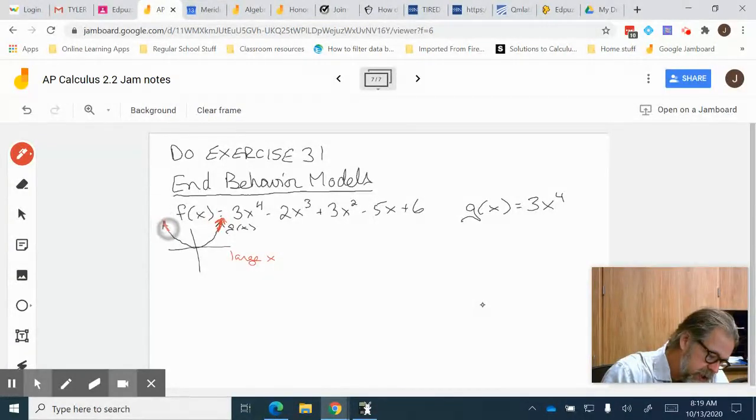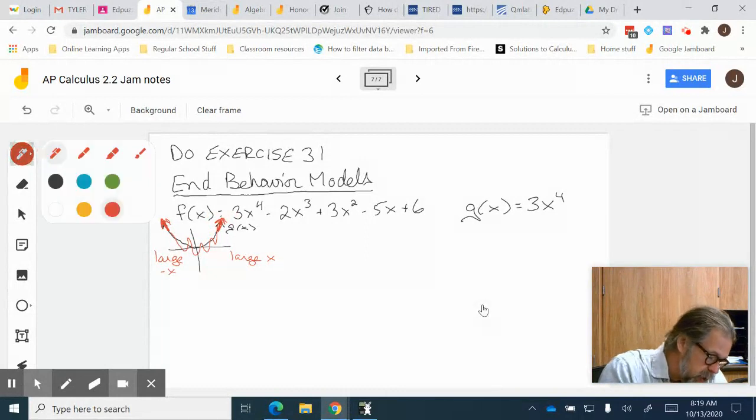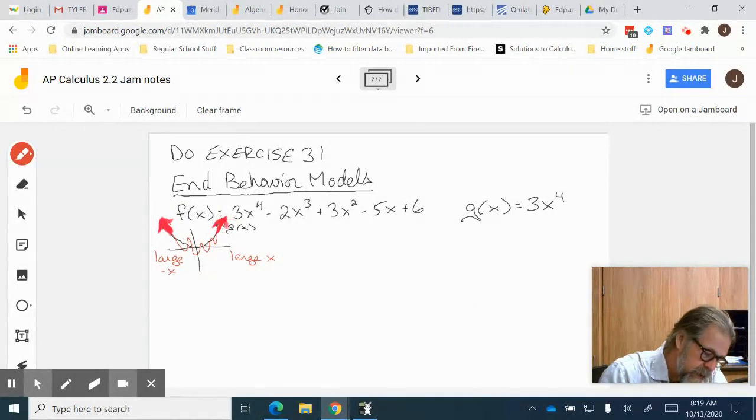It's going to look the same out here, large negative x, or very small x, depending on how you want to look at it. But this is going to just wiggle all over the place in here. I don't really care. The question is, what does it do here and here? And that is an end behavior model.